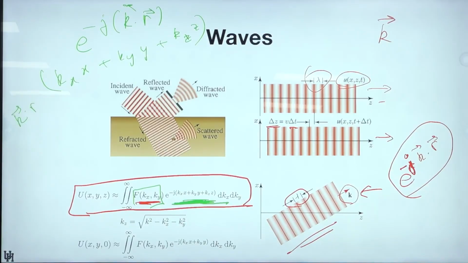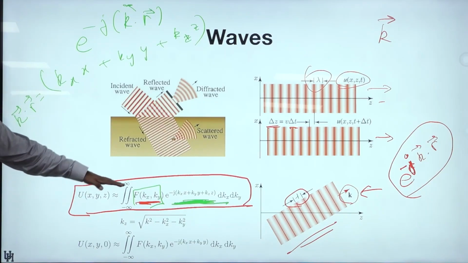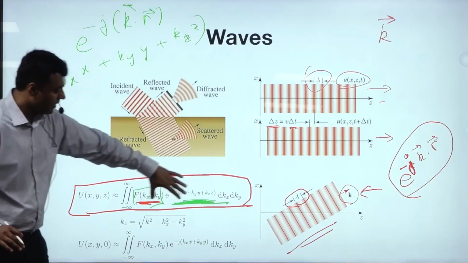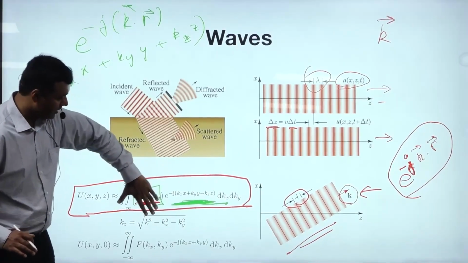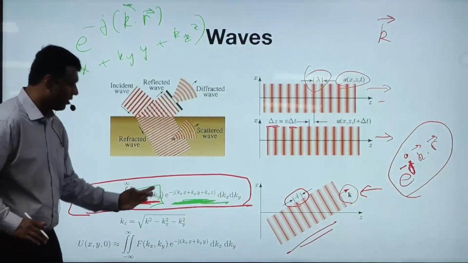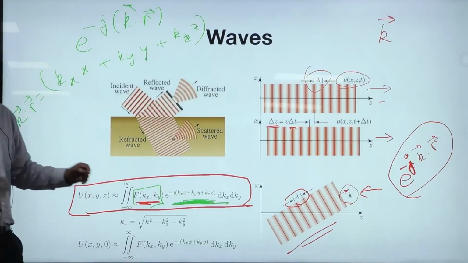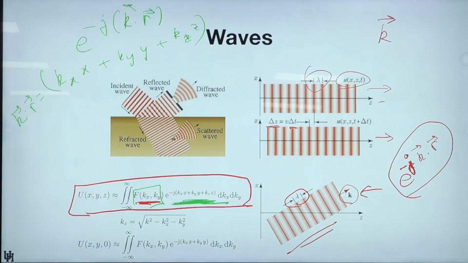So k dot r equals that, yes. For each of these plane waves in the direction k, you take the weight of that, times this, and add up all the different plane waves. Addition is just integration, like repeated addition of different small pieces.